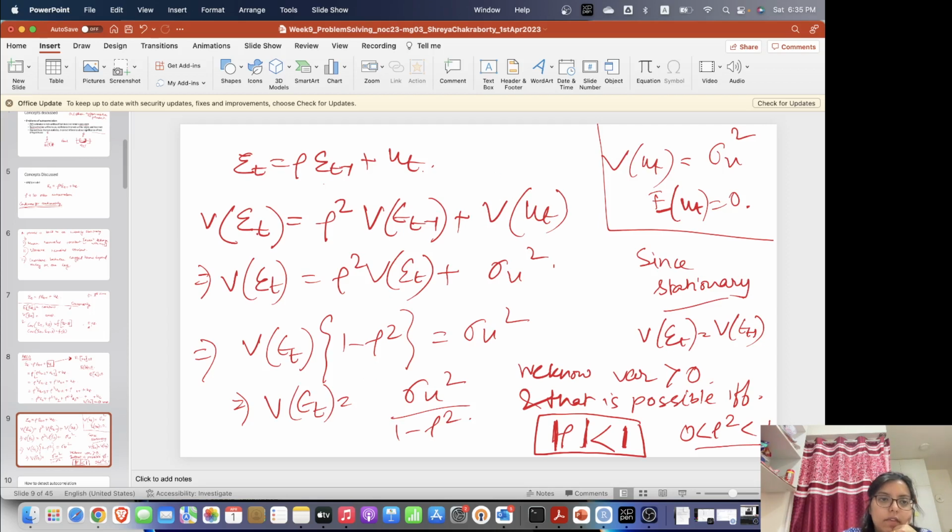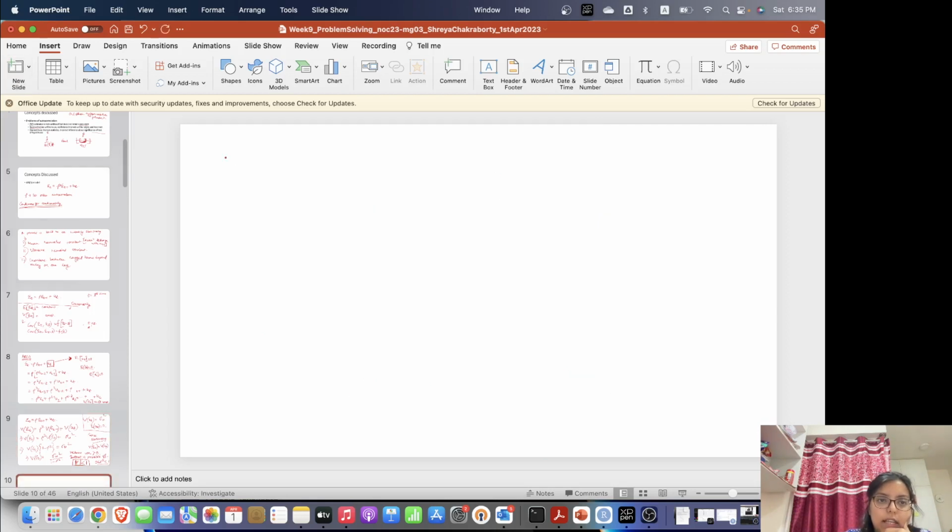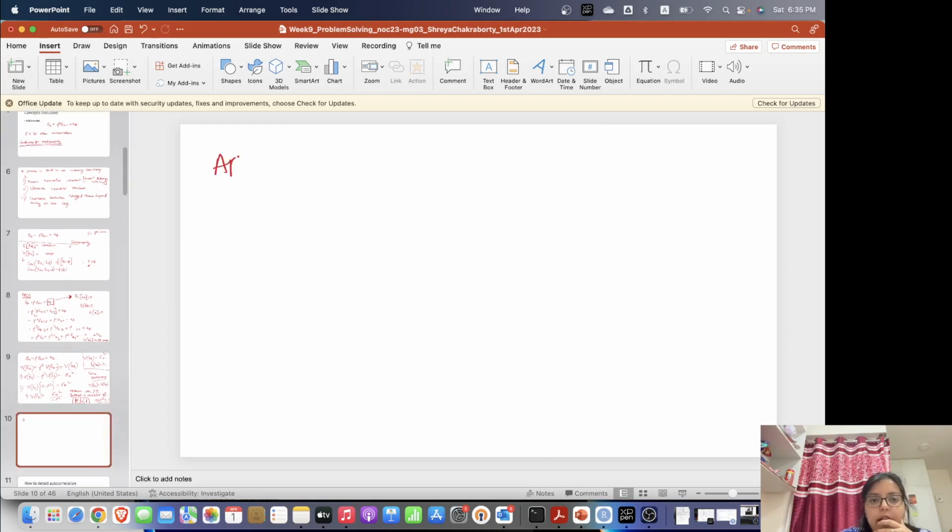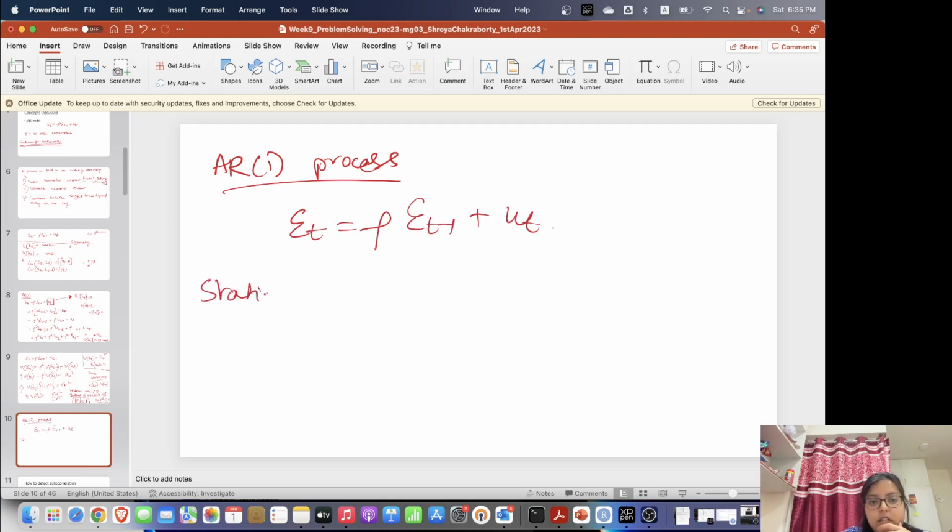So to conclude, if I have an AR1 process, epsilon t equal to rho epsilon t minus 1 plus ut, it will be stationary if and only if rho is less than 1.